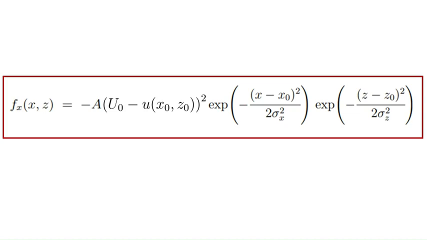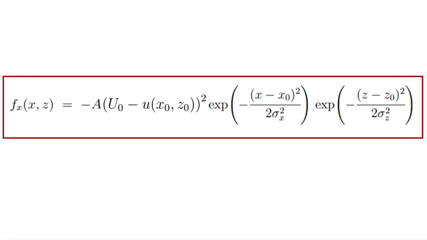The new term, u naught minus u of x naught, z naught squared, where u of x naught, z naught is the speed of the wind at the turbine hub, introduces an additional factor of u naught squared, meaning with this forcing profile, we would expect power to scale with initial velocity cubed, matching the wind power equation.